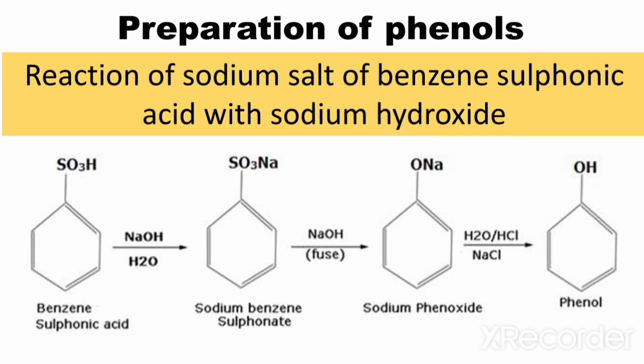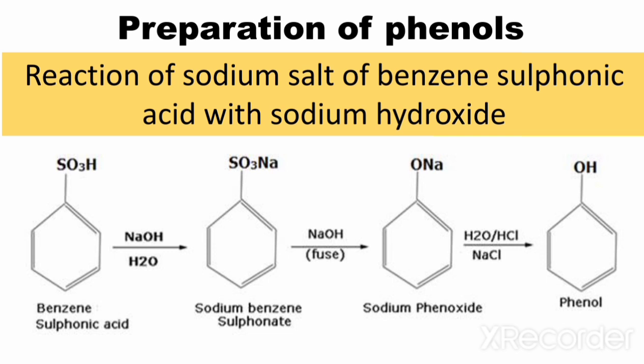And when it reacts with fused sodium hydroxide, it forms sodium phenoxide, because sulfur dioxide is released. Then the sodium phenoxide reacts with an acid or water molecule in the presence of some salt, that is sodium chloride.